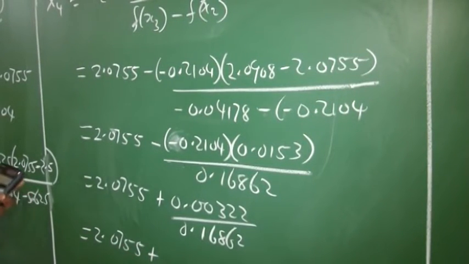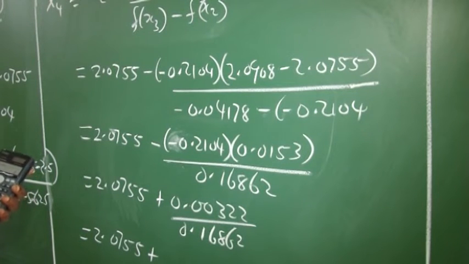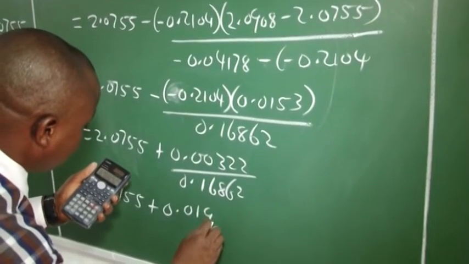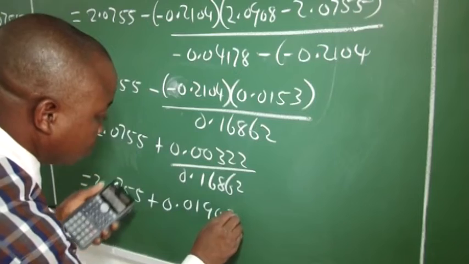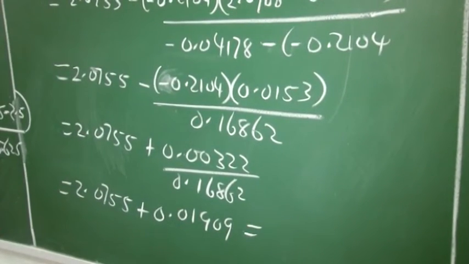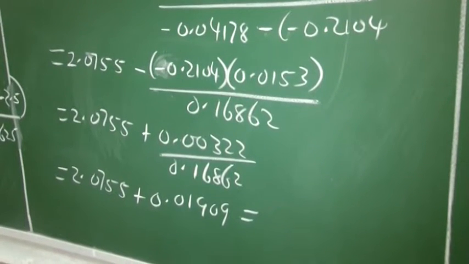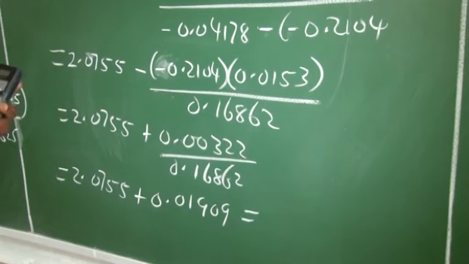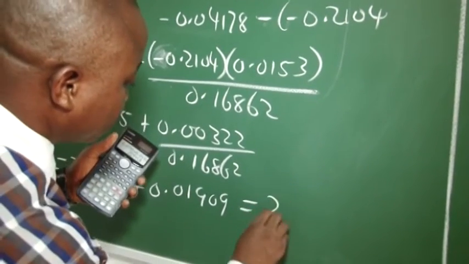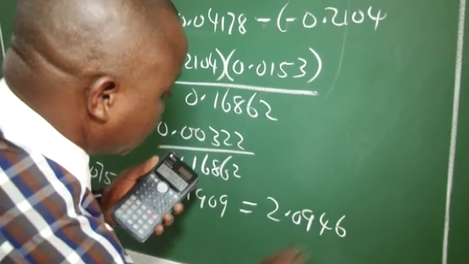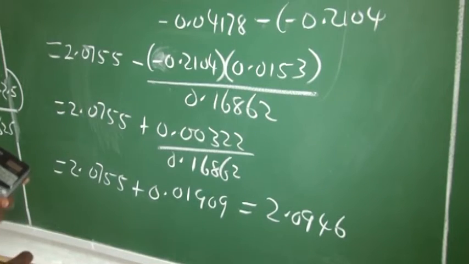So 2.0755 plus 0.00322 divided by 0.16862 gives us 0.01909. If you add this, you have 2.0755 plus 0.01909. That gives us 2.0946. Okay, so the other one was 2.0908.